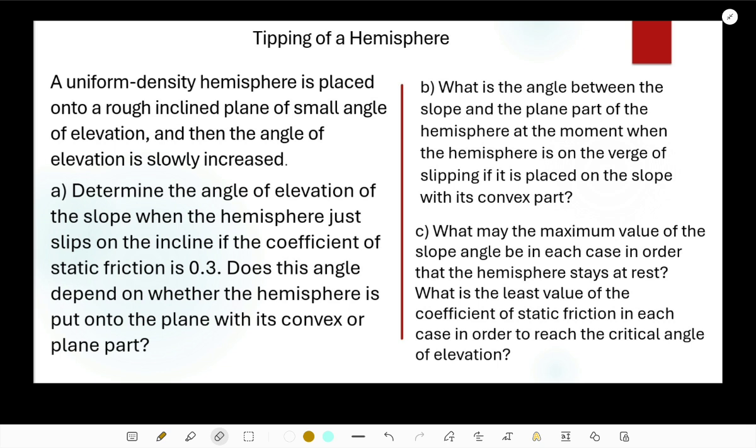And part C must be asking when the hemisphere is put over the inclined plane by the side of its plane part.